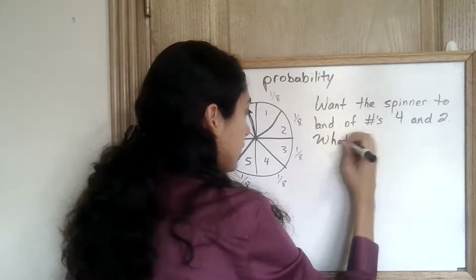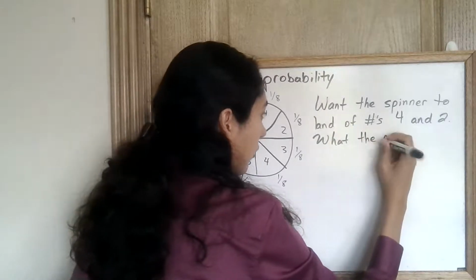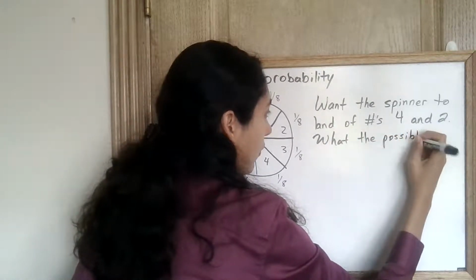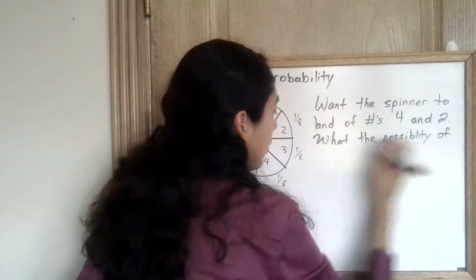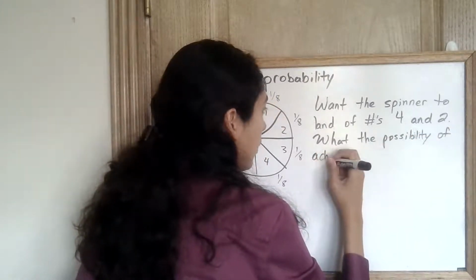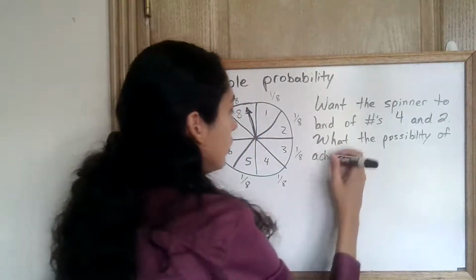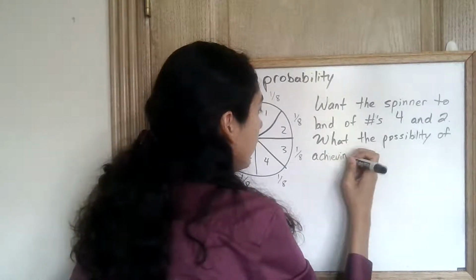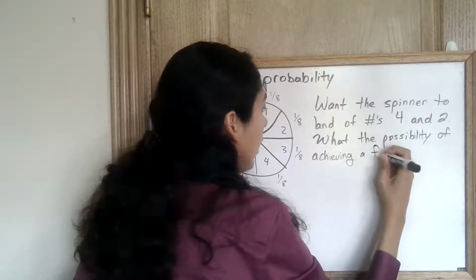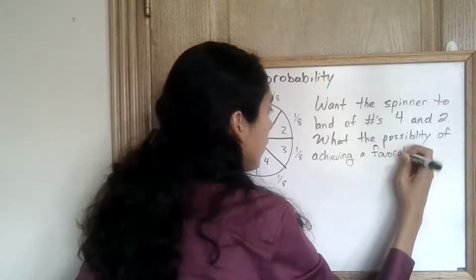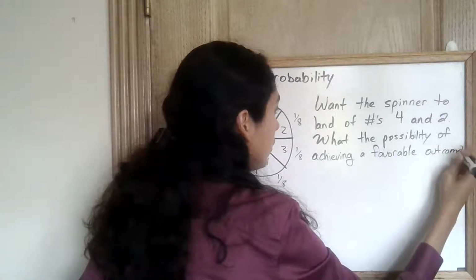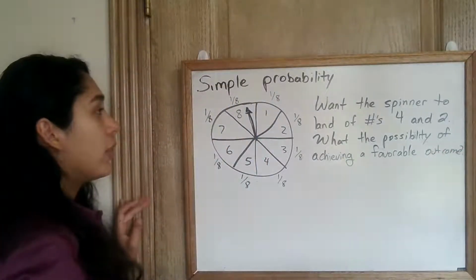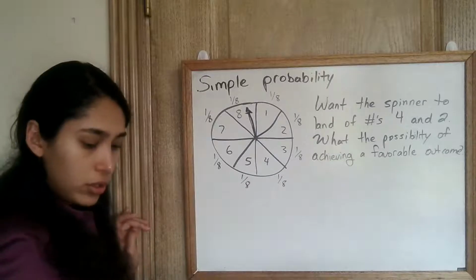What is the possibility of achieving a favorable outcome? So I want it to fall on 2 and 4.